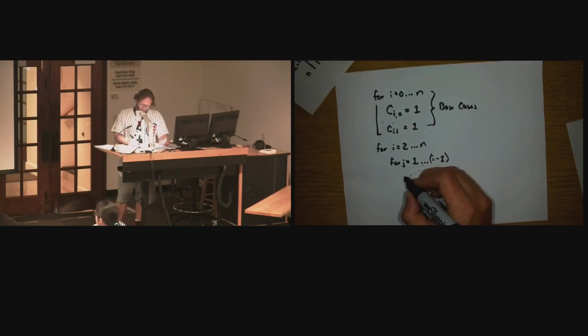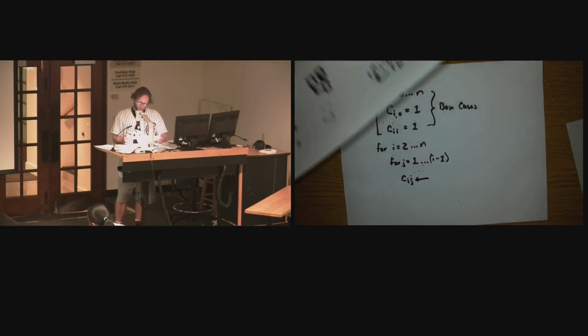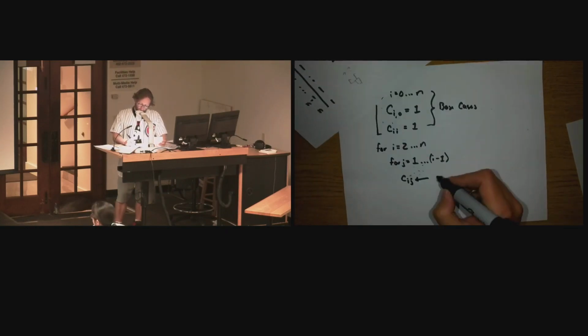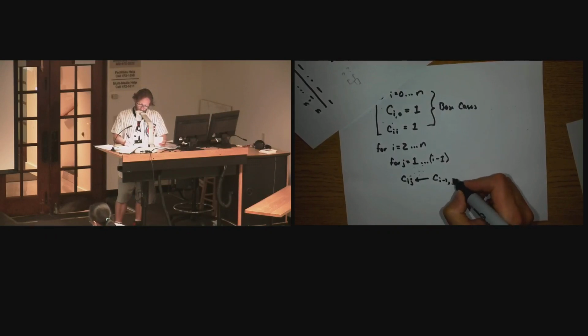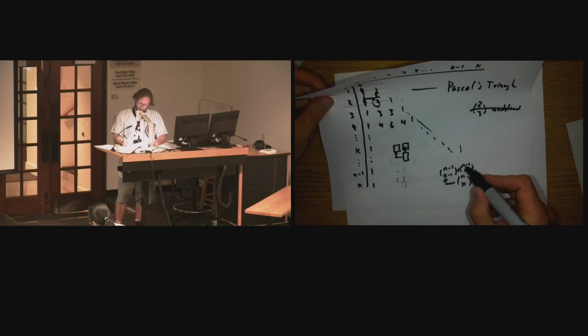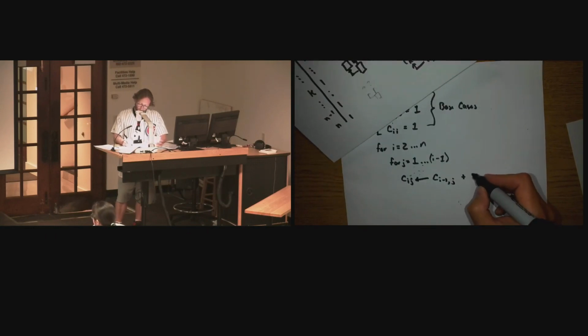And all we do is set C sub ij equal to C sub i minus 1, j, plus 1 right above and 1 over, which is C sub i minus 1, j minus 1.